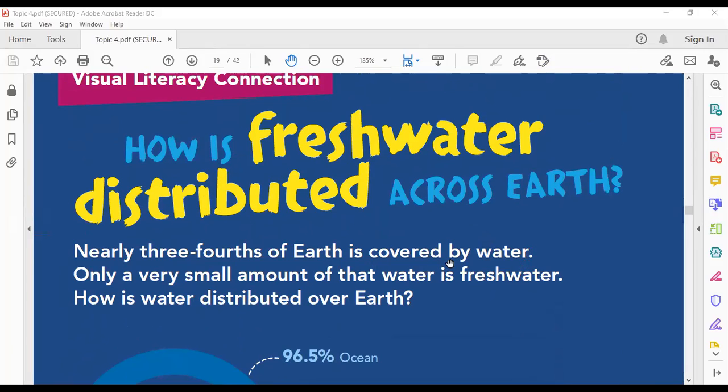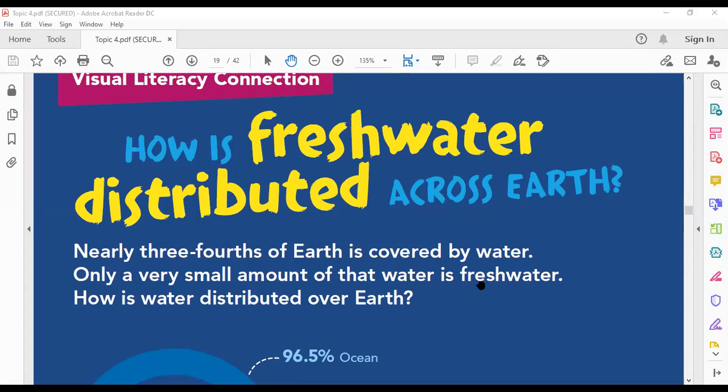Most of Earth's surface is covered by water, but not all of this water is fresh. Only a very small amount of that water is fresh water. What is the meaning of fresh water? That is, fresh water has nothing or a little amount of salts. Fresh water is necessary and important for living things, especially humans.